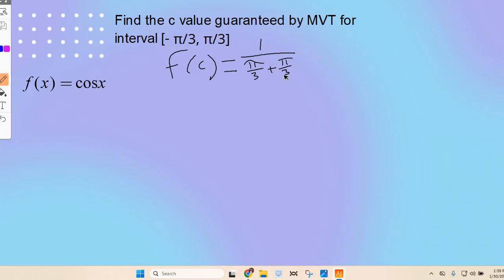So I get 1 over 2 pi over 3, times the integral from negative pi over 3 to pi over 3 of cosine of x dx. So, what is pi over 3 plus pi over 3?